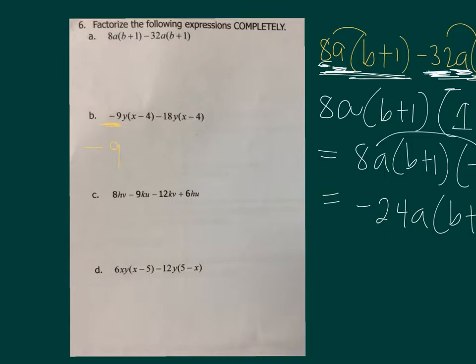And then we could also factor out the y, and we could also factor out the x minus 4. So let's just make that clear, negative 9y times x minus 4.